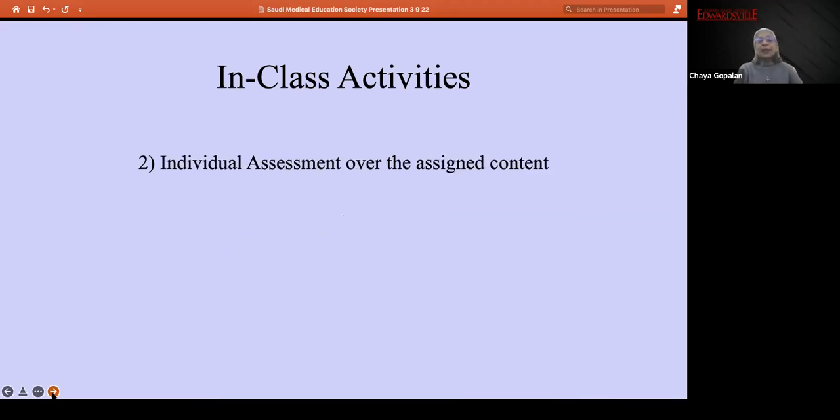All right. So now after this, I want to make sure that they have understood the content. So now I'm going to do one individual assessment over the content. Individual assessment is usually at the very factual detail level, not an application or evaluation level type of thing. You don't want too many complicated questions, just basic details.